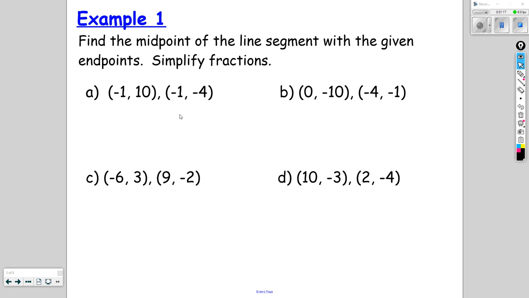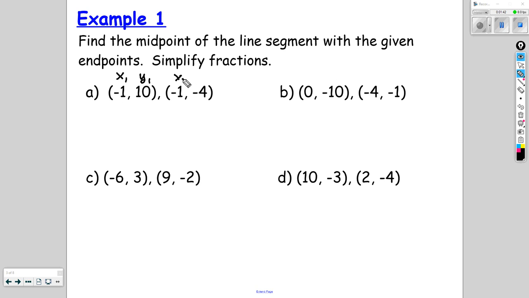Moving on to example 1, we're going to find the midpoint given these 2 endpoints in each example. In example A, we've got 2 points here. One we could call point 1, in which we could write down x sub 1, y sub 1. Remember, these subscripts just mean that these 2 coordinates go together to form a point that's on our graph.